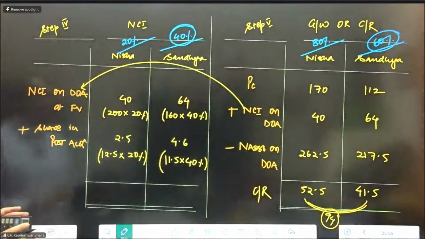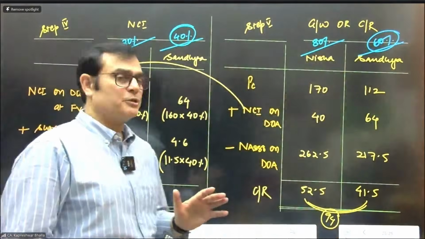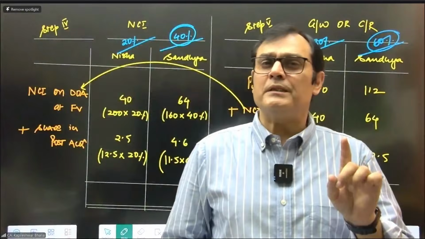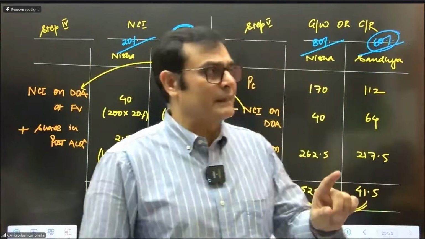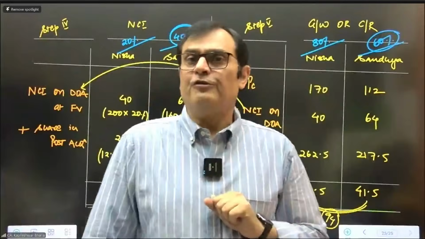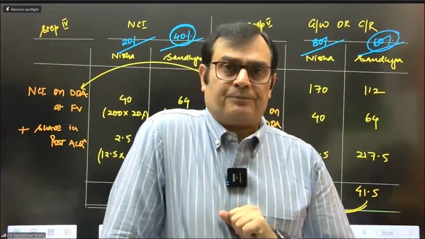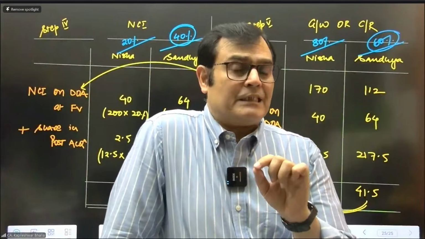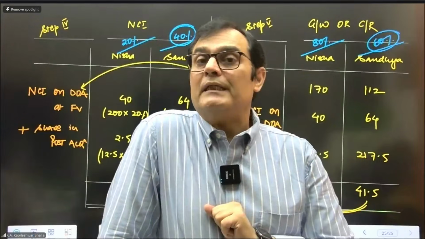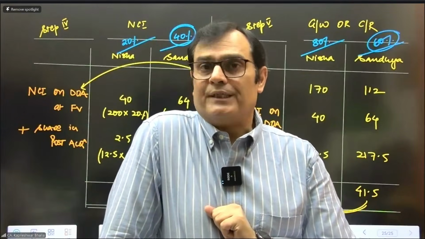Now, the only caution which you need to be careful on is when you took the PC and goodwill, you took 80% of this because the top company financed 80%. So you need to appreciate that 80% of the amount is financed by the parent. So 20% is financed by the NCI.